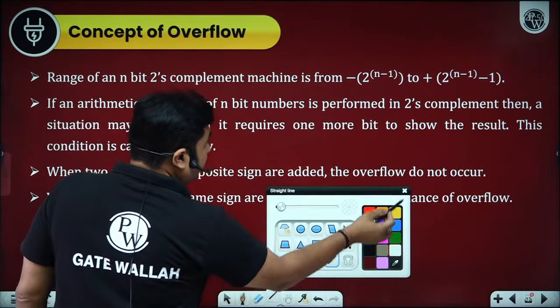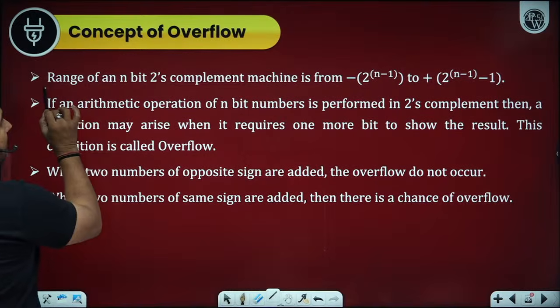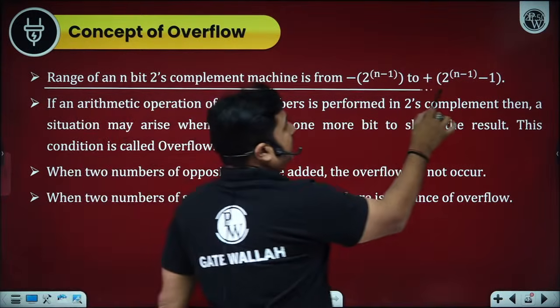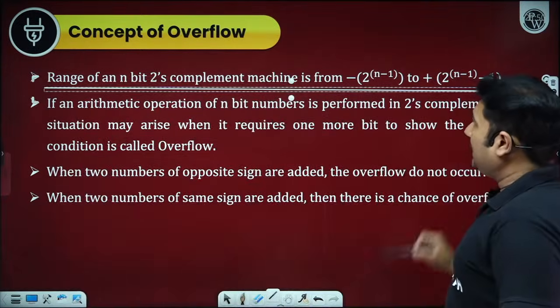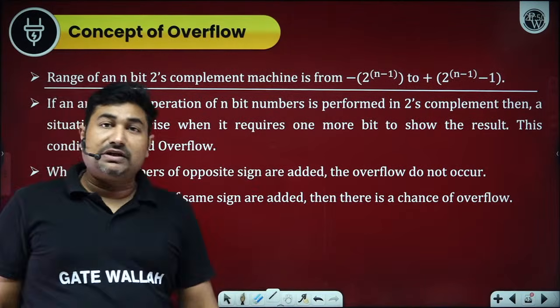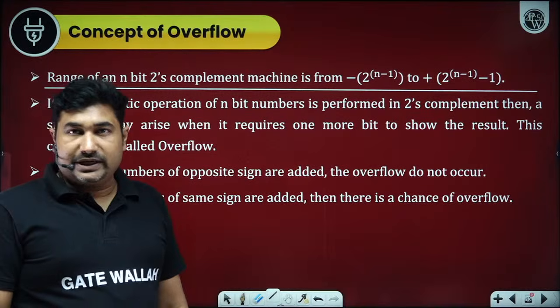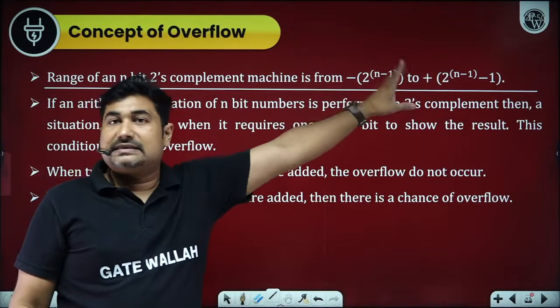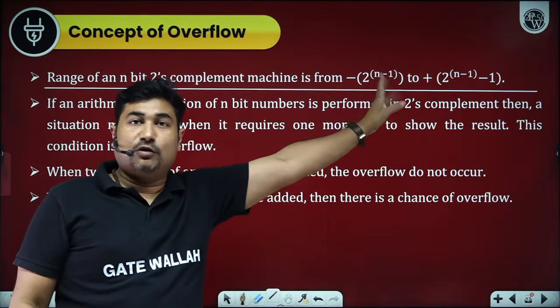Please observe here, beta. First thing that we observe is the range of 2's complement number is -2 to the power n minus 1 to +2 to the power n minus 1 whole minus 1. Is it okay? -8 to +7 for a 4 bit.